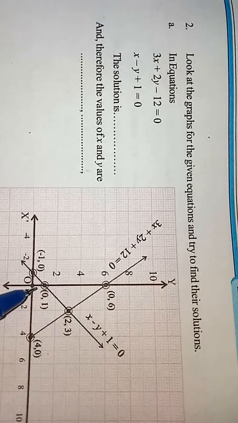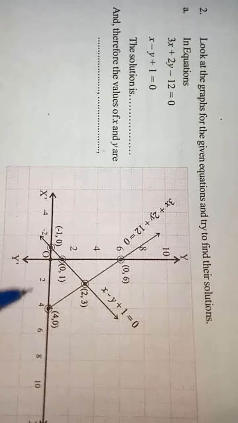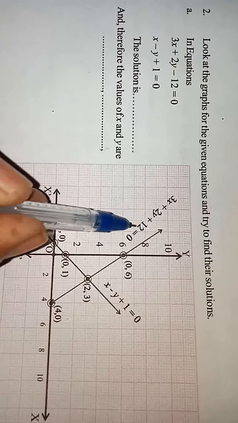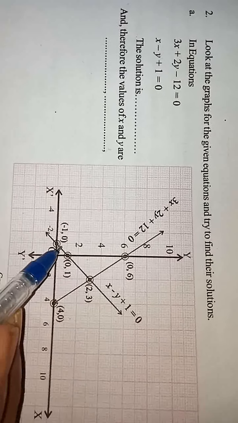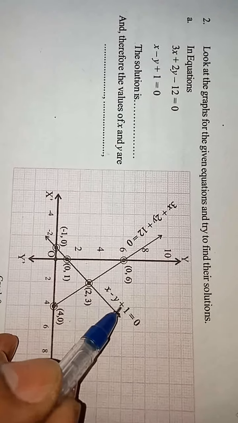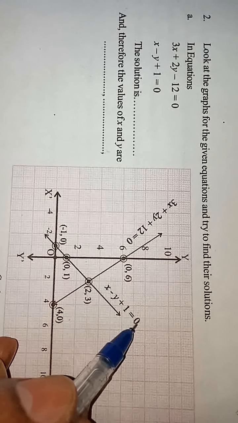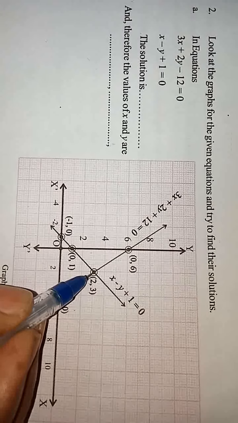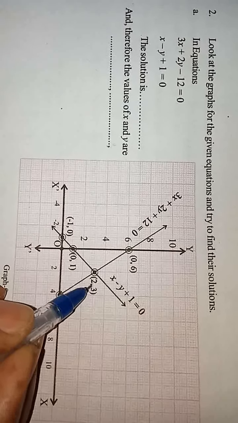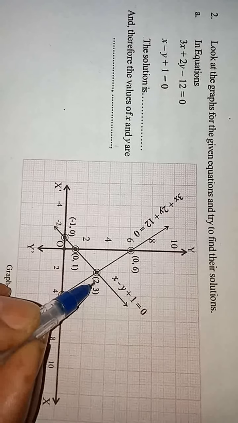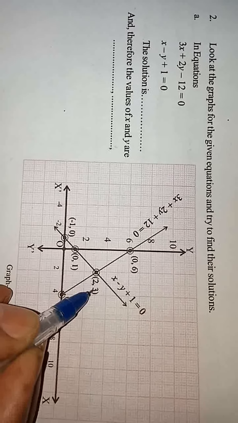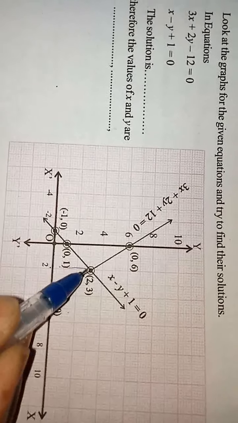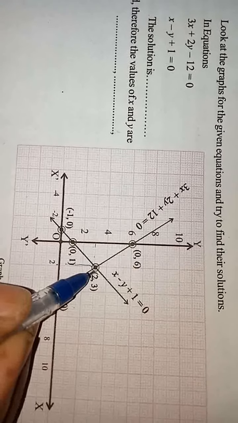In the graph you will see that this is the equation line of equation 3x plus 2y minus 12 equal to 0, and this is the equation line of equation x minus y plus 1 equal to 0. Both equation lines intersect each other at the point 2, 3. That means x is 2 and y is 3.